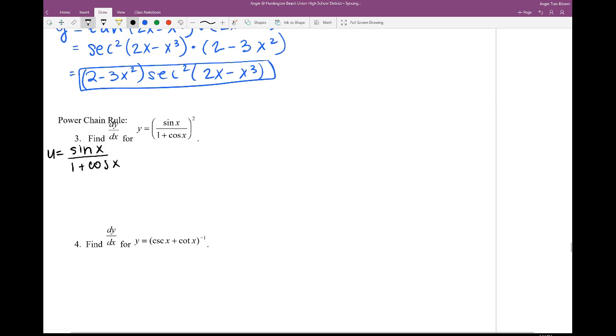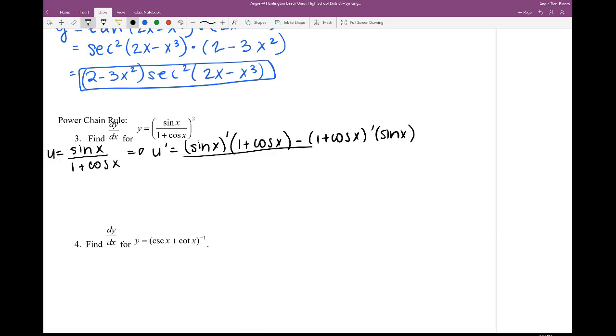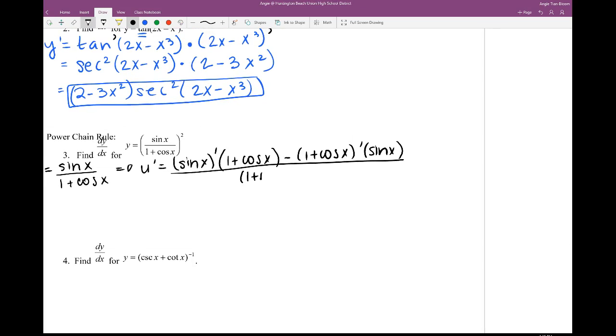So u prime, you're going to need to do a lot of work because this is a quotient rule that we have to use. So here we go. u prime equals the derivative of sine x times the denominator, minus the derivative of the denominator times the numerator, which is sine of x, all over the denominator squared. This is just u, we haven't done y at all, okay? All over 1 plus cosine of x squared.